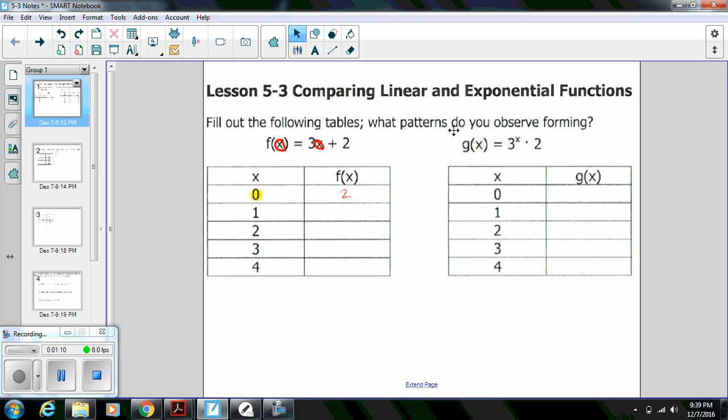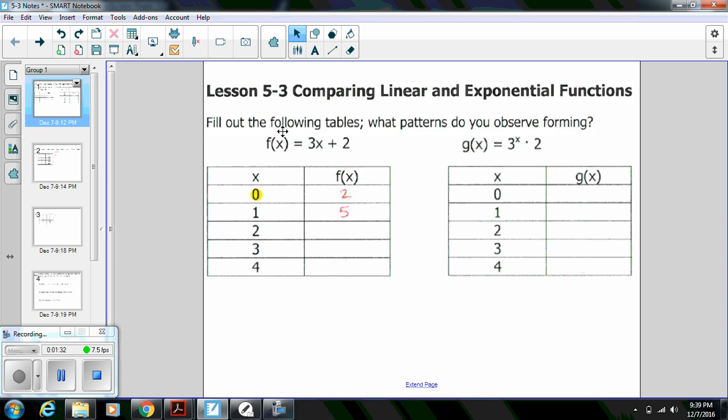Remember, saying f of x, that's our function notation. It's the same thing as y equals. So then I continue this pattern. Then I plug in a 1. So then I get f of 1 equals 3 times 1 plus 2. And I end up with 5.